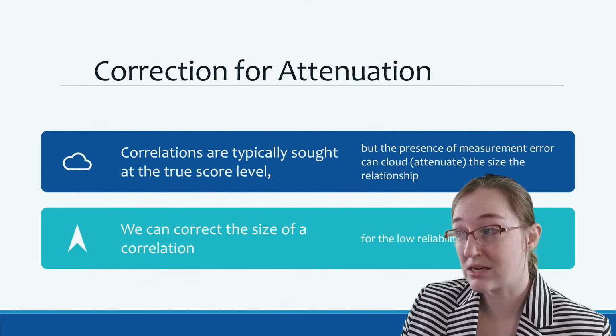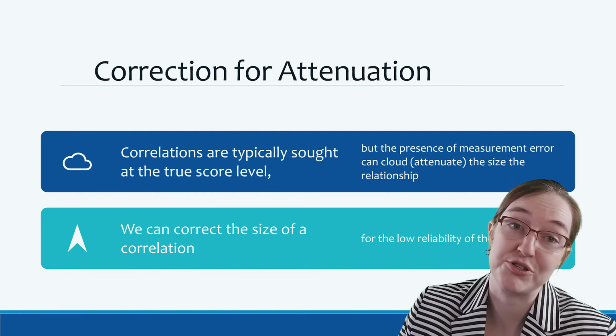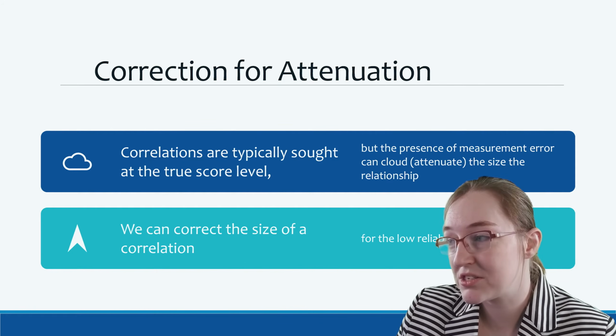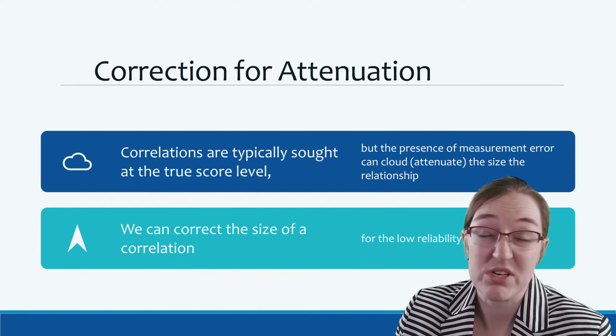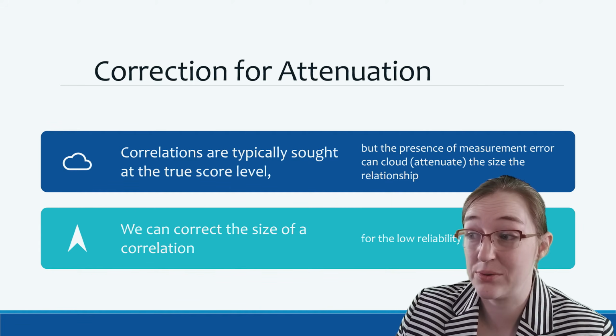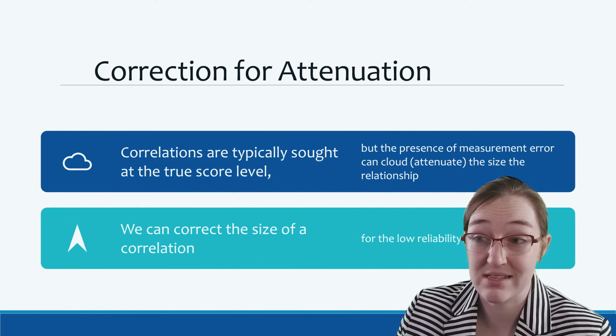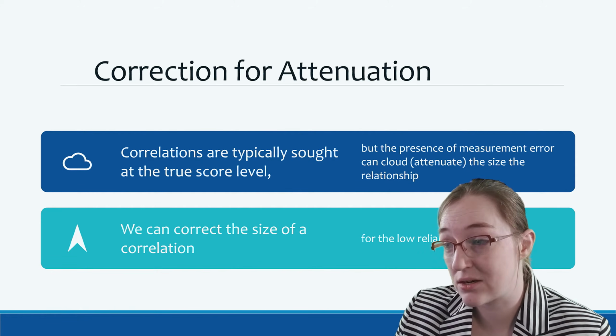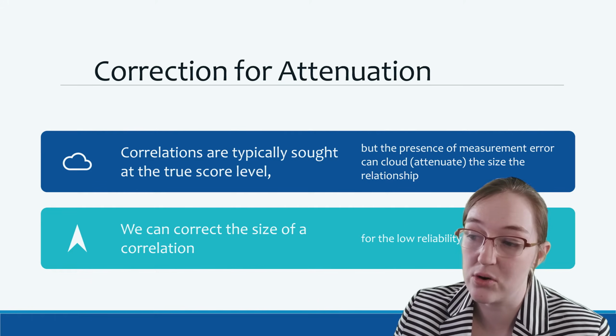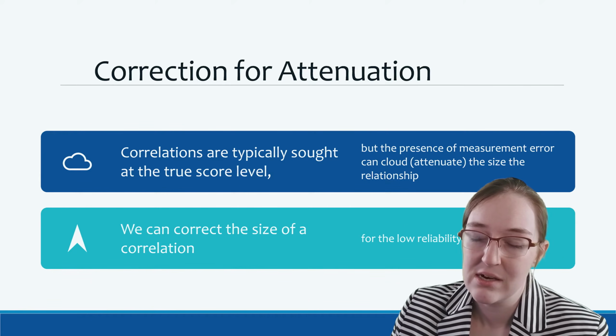Cool. So now let's talk about correction for attenuation. So correlations are typically sought at the true score level, but the presence of measurement error can cloud or attenuate the effect size, that estimate. And so we can correct for the size of the correlation when we have a low reliability of items.